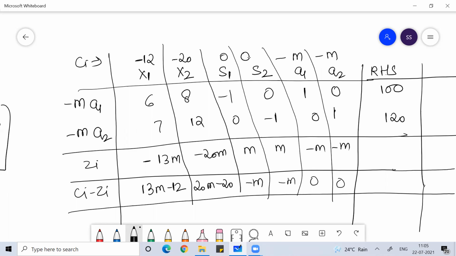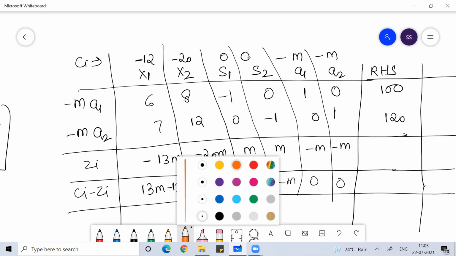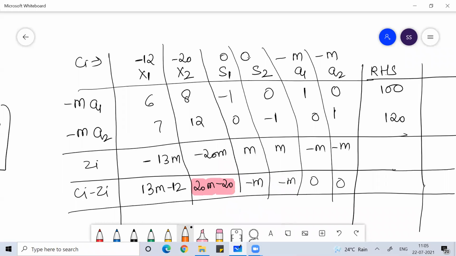So out of all Ci minus Zi, I will pick that value which is highest. You can see the largest value will be 20M minus 20. You don't have to consider the constant next to M, because M is a very large value.